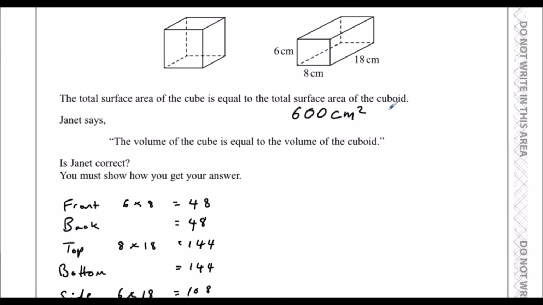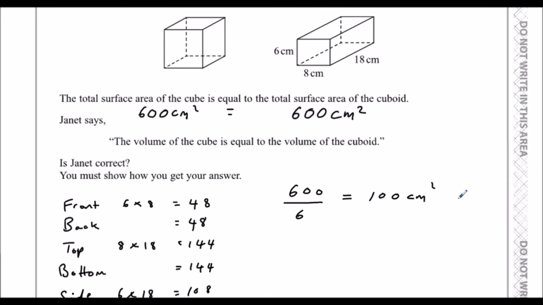So the total surface area of the cube must be, it's equal, so it must be 600 centimeters squared as well. A cube has got 6 faces, 6 surfaces, the top, the bottom, the front, the back, the side, and they're all equal. So the area of each one is 600 divided by 6, which is 100 centimeters squared.